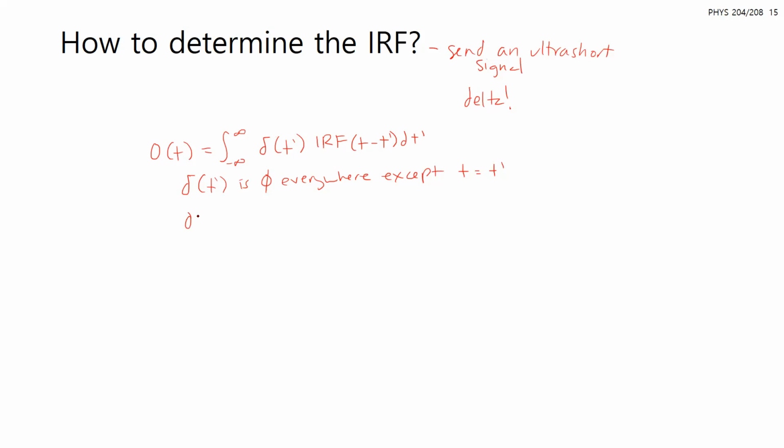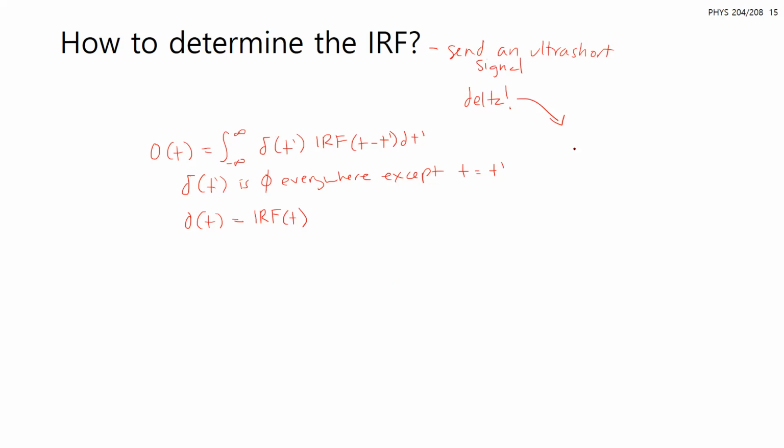So based on that property, if we send a delta function in, our output is going to be our instrument response function. So to determine your instrument response function in the lab, you want to send a delta function in. A delta function, if you remember, is defined theoretically as 0 everywhere except at one value, and the area under that curve is exactly 1.